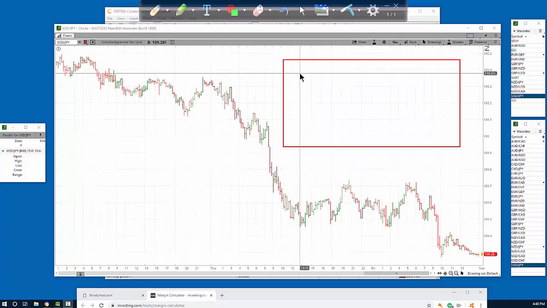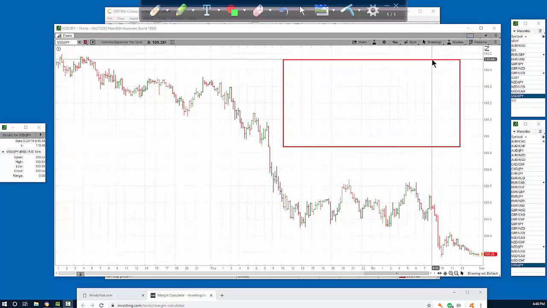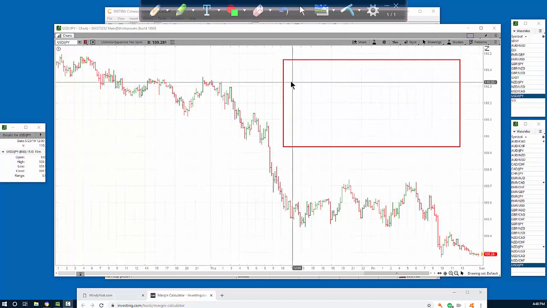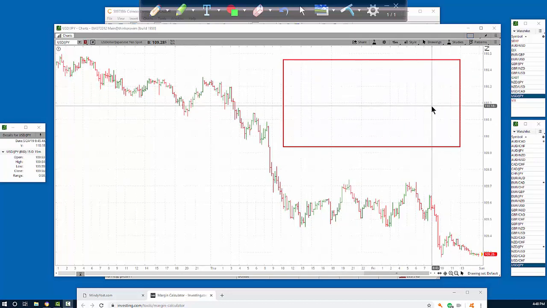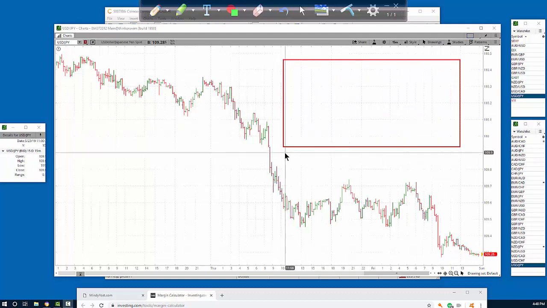Well, if you're in the United States and you're using 50-to-1 leverage, that means that for every $1 you put up for your trade, the broker's going to lend you 50 more. So you only have to put up 1/50th of the price of the $100,000 to be in the trade. So 1/50th of this $100,000 would be about $2,000.